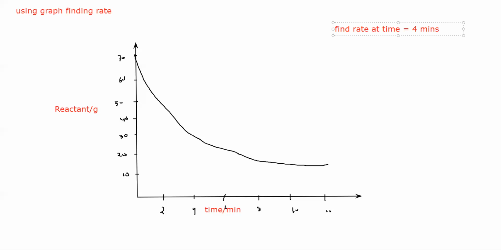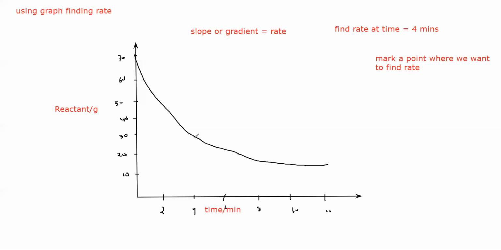As we know, the slope, or gradient, represents the rate. So the first step, we will mark a point where we want to find the rate.